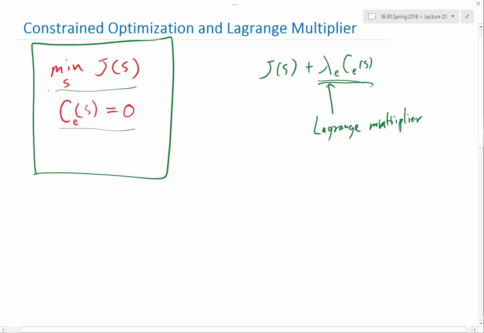So if I'm minimizing this function, I might as well be minimizing this entire function.